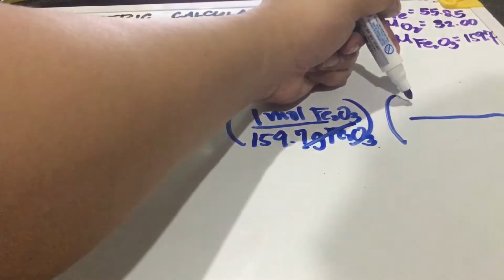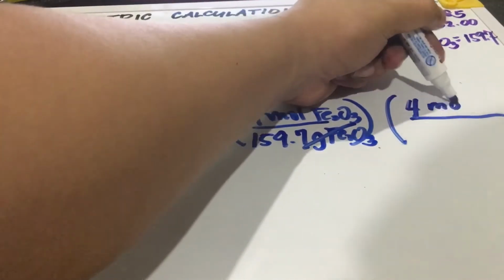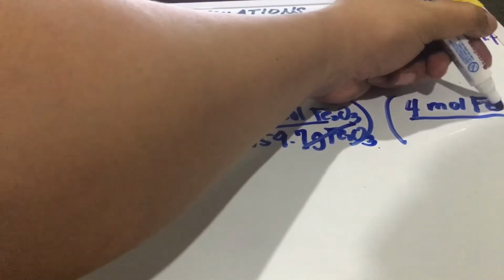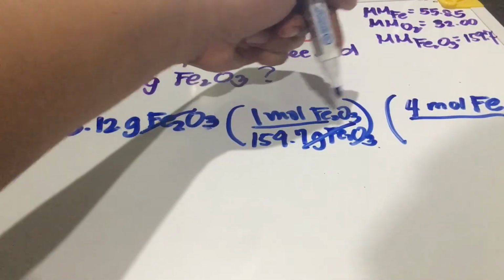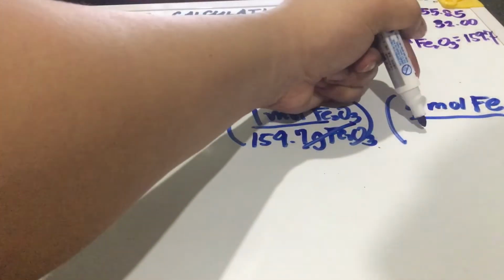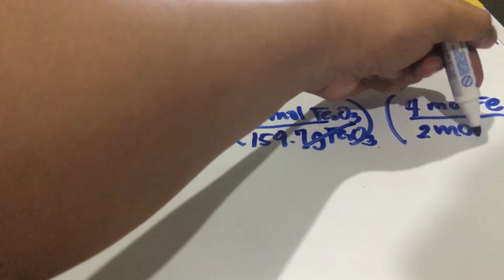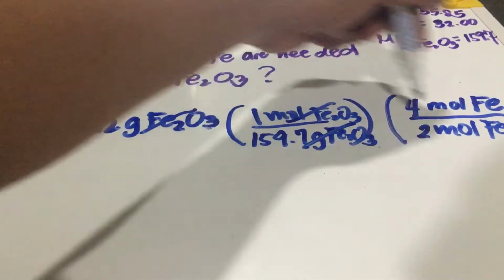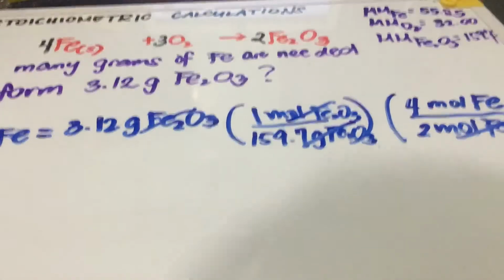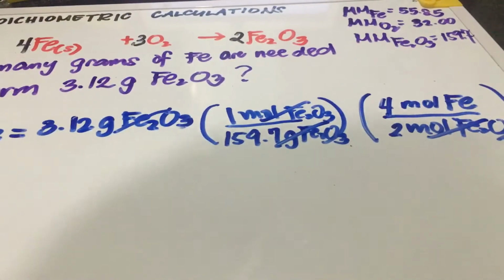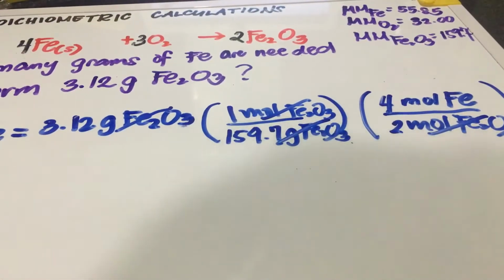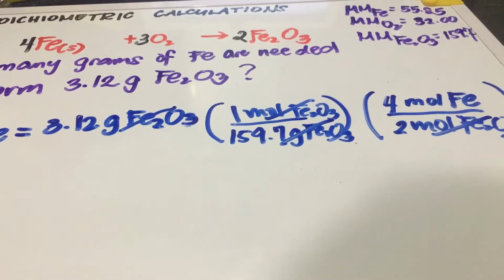So we can place 4 moles Fe, because this is what we want, and 2 moles of Fe2O3 here so we can cancel moles of Fe2O3. Now the remaining unit is the number of moles of Fe.